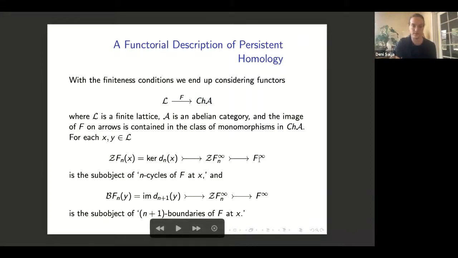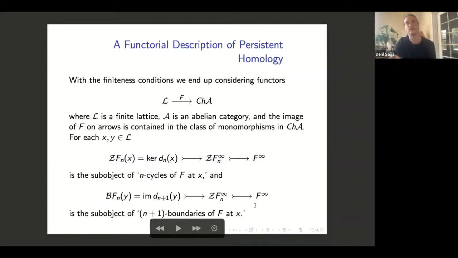You can look at the cycles of that chain complex, which we'll call Z F_n, just as McCleary and Patel did. And you can also talk about the boundaries, or n+1 boundaries, at that point too, which we'll denote B F_n. Because this lattice is finite, you have a total complex, which is going to be called F_infinity, and you have a total cycle subobject, which we'll denote Z F_infinity.